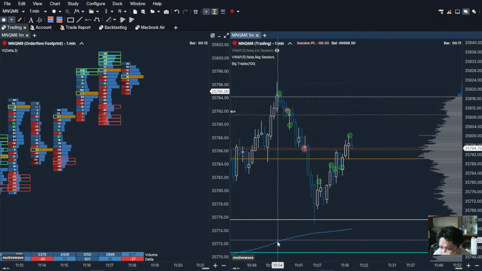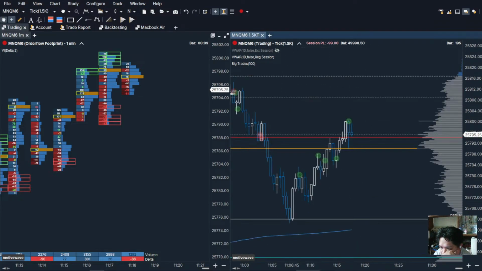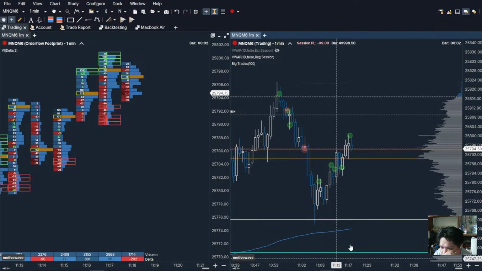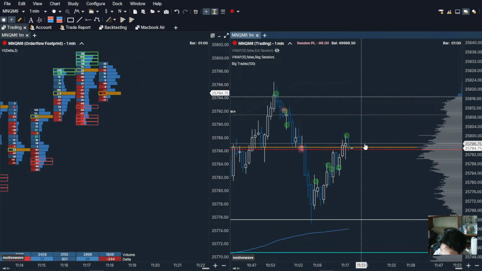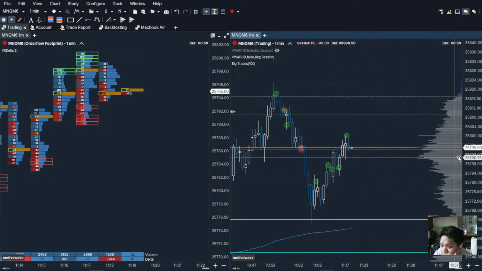There it is. That could be a potential. That could be where the move is. That could be it, guys.